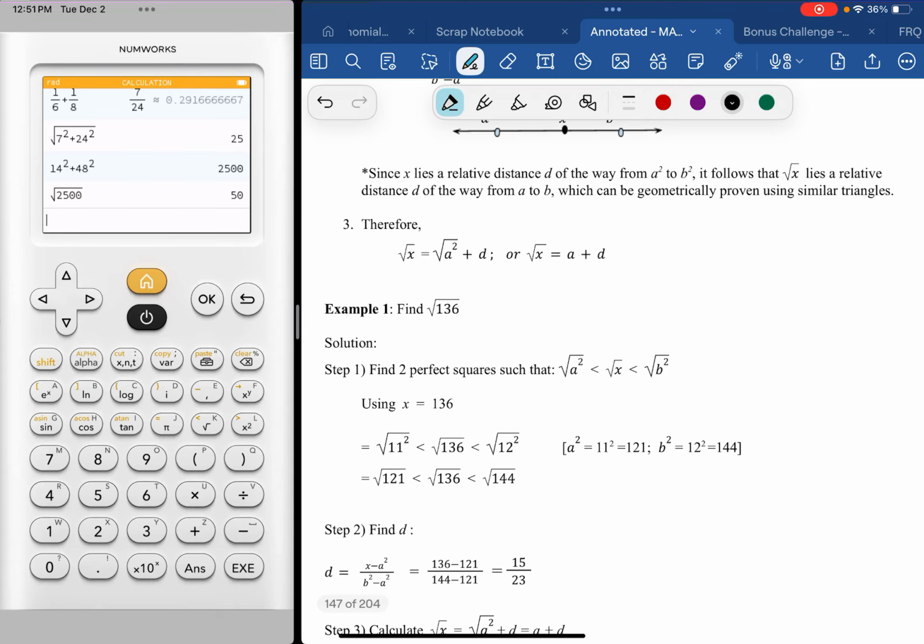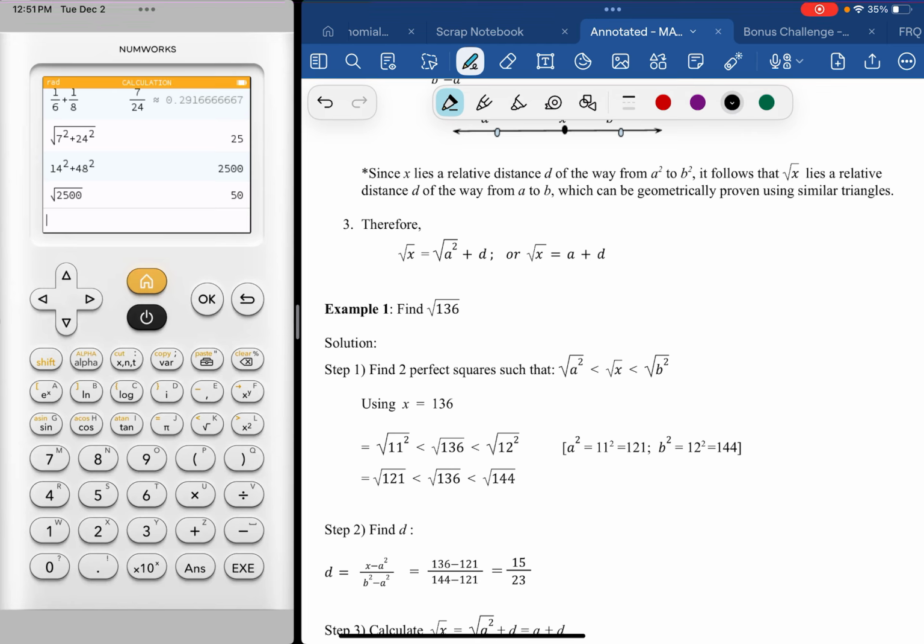So we find two perfect squares, right? And that requires a little bit of either computation, or we'll call it number sense. If you know generally some perfect squares, then you would say, all right, well, radical 136 is between 121 and 144, 11 squared and 12 squared.